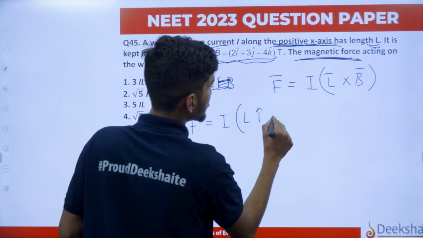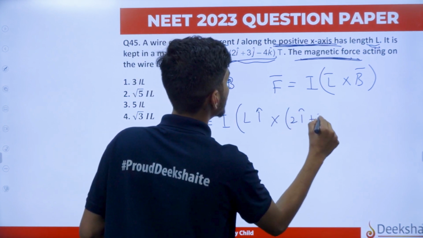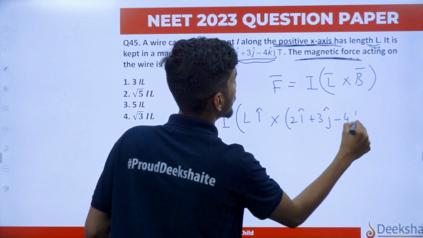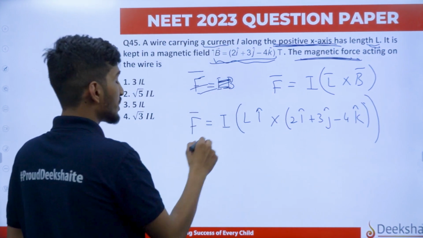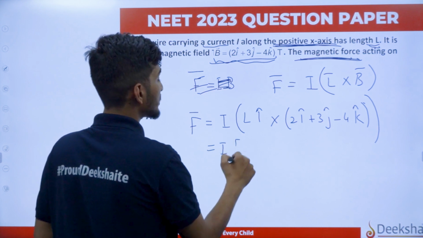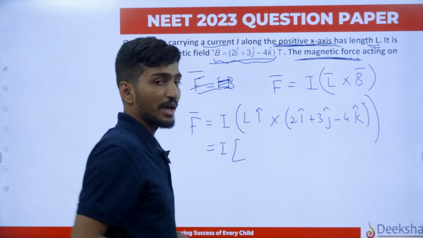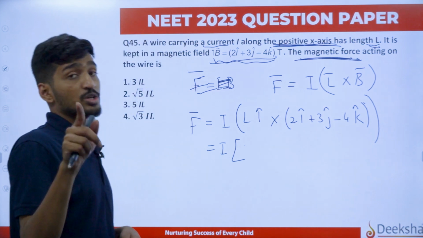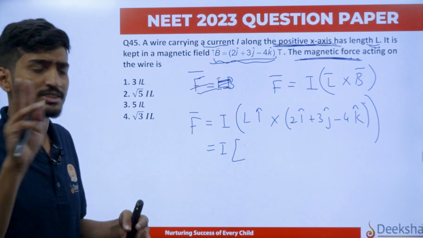So I L i cap cross B, which is given as 2 i cap plus 3 j cap minus 4 k cap. So as long as I can do the cross product, my answer should be right there. L into 2, that's 2L. I cross I, that's 0. Cross product of any two parallel vectors is 0.